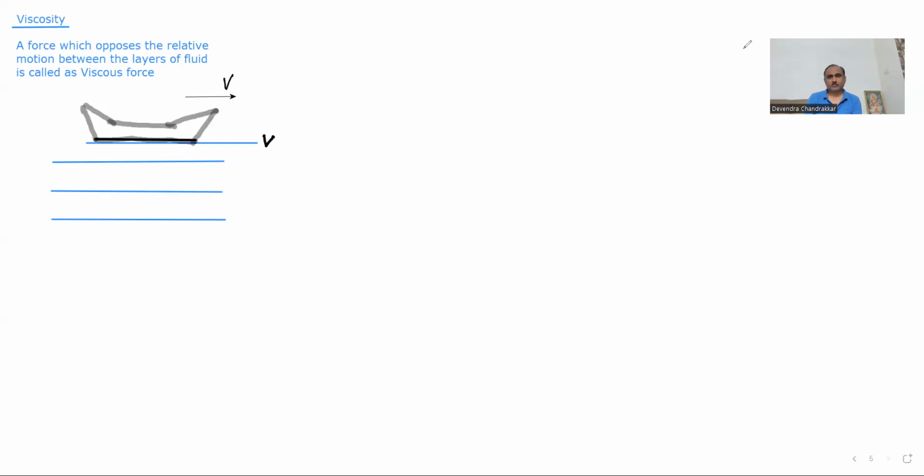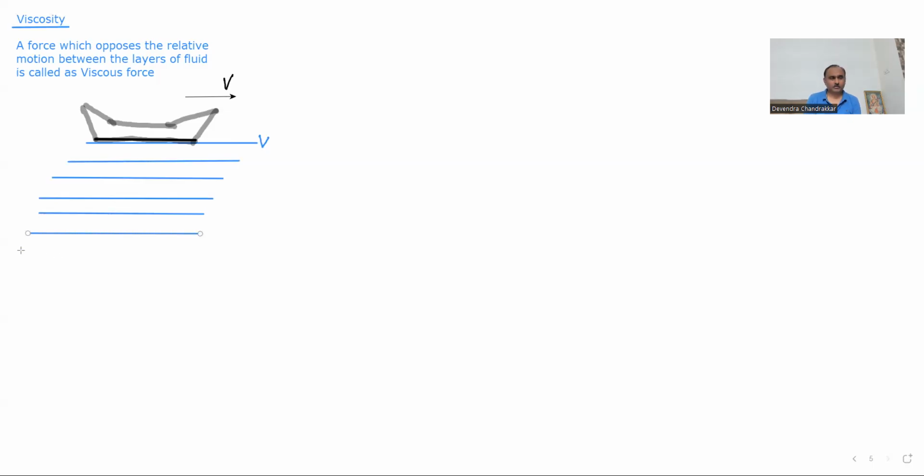Now, because of viscosity, now we are not talking about an ideal fluid, because of viscosity, the velocities of the lower layers will keep on decreasing, right? And the velocity of the bottommost layer, which is in contact with the ground, will become zero.